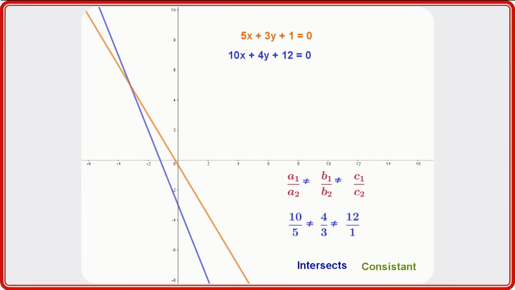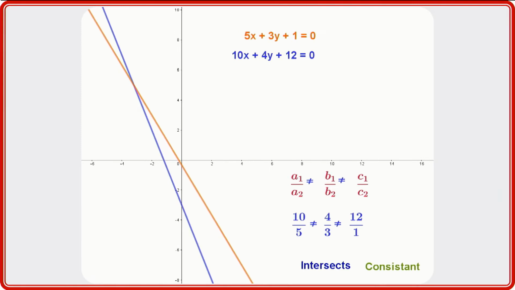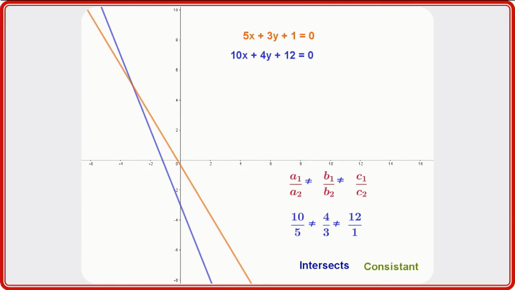Observe here. If a1 by a2 is not equal to b1 by b2, then those two straight lines will intersect and the equations will have consistent values. Observe here, children.